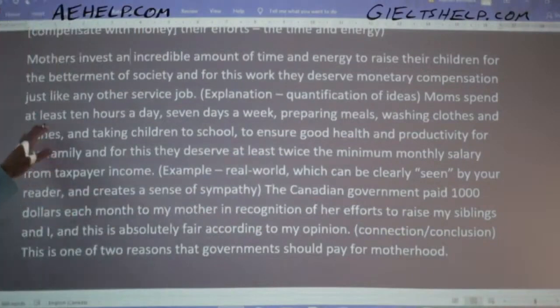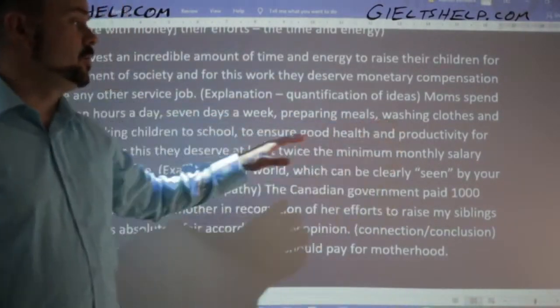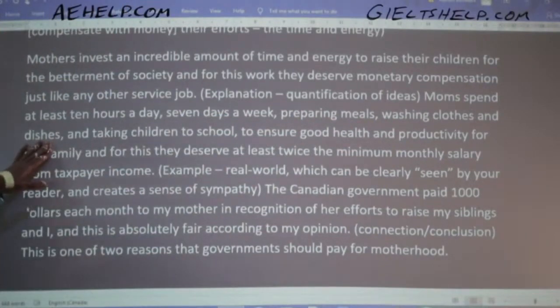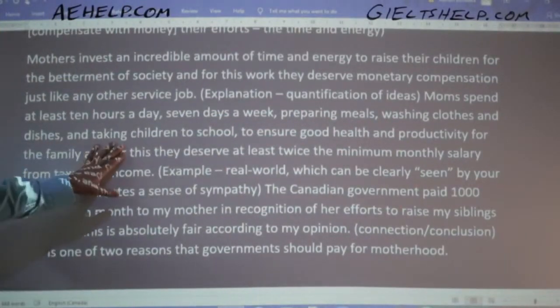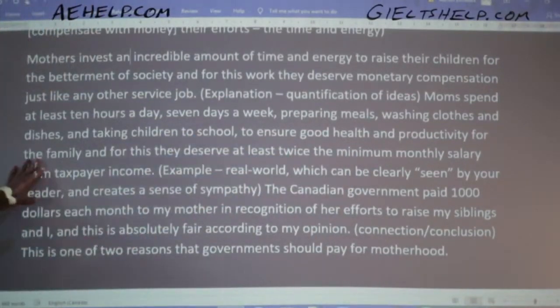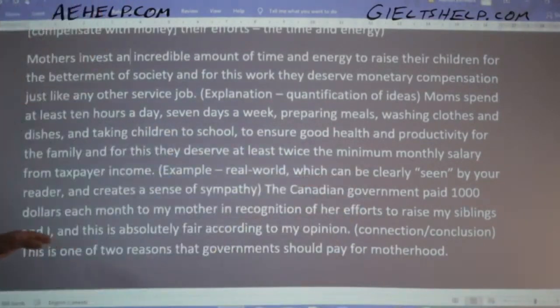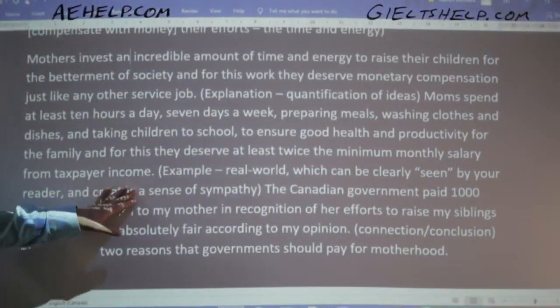Moms spend at least 10 hours a day, 7 days a week, preparing meals, washing clothes and dishes, and taking children to school to ensure good health and productivity for the family. And for this, they deserve at least twice the minimum monthly salary from taxpayer income.